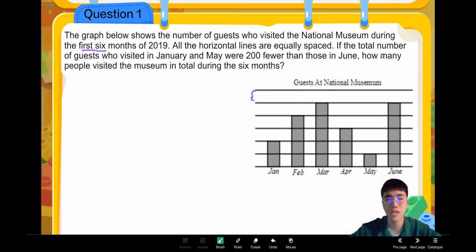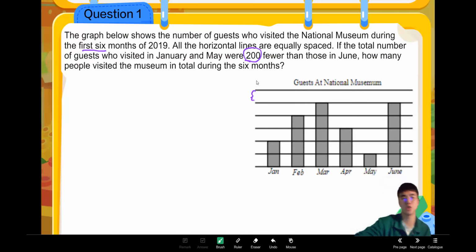If the total number of guests who visited in January and May were 200 fewer than those in June, how many people visited the museum in total during the 6 months?